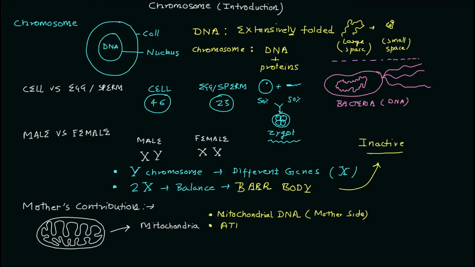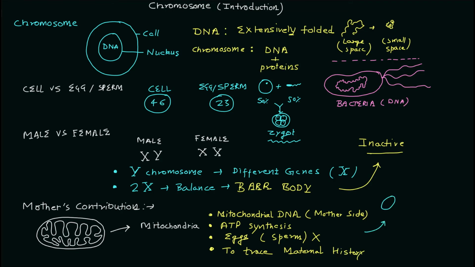Its role is in ATP synthesis, and during the fertilization process the mitochondria are given only by the egg, not by the sperm. This is another important point. And it can be used to trace the maternal history, because it comes from the mother's side.